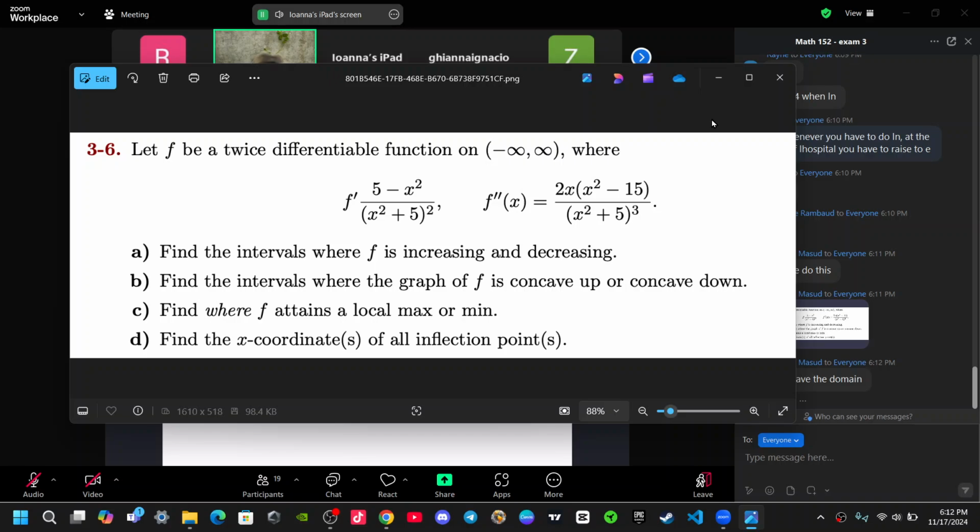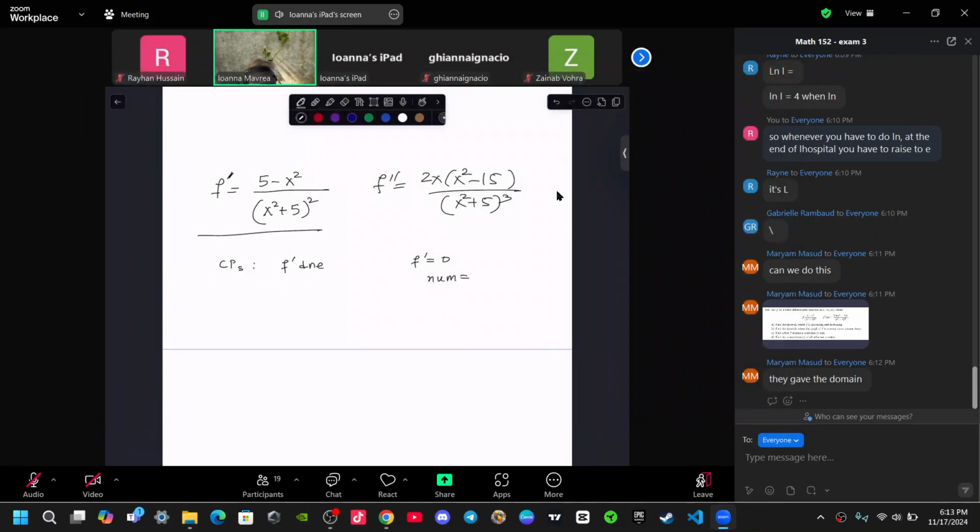Then they're inflection points, right? So if that's the derivative, you have critical points when the derivative does not exist, or the derivative is equal to 0. Well, the derivative is equal to 0 if the numerator is 0.